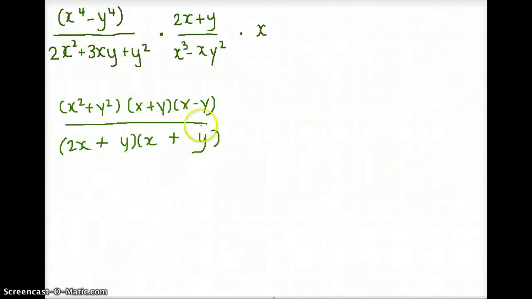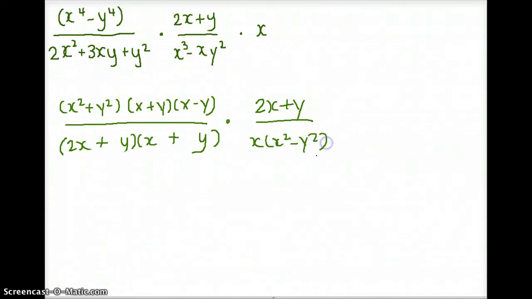Okay, and then we're going to multiply that by, so we can't factor 2x plus y, so we're just going to leave that the way it is. And then we can factor out an x here, so we get x squared minus y squared. But we can also factor x squared minus y squared, so I'm going to change that again to x plus y times x minus y.